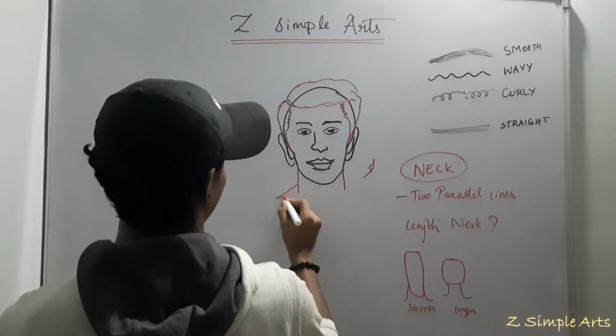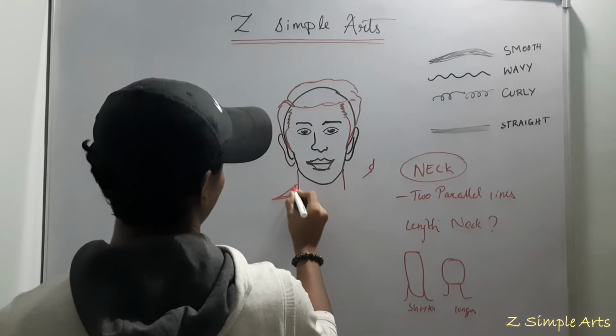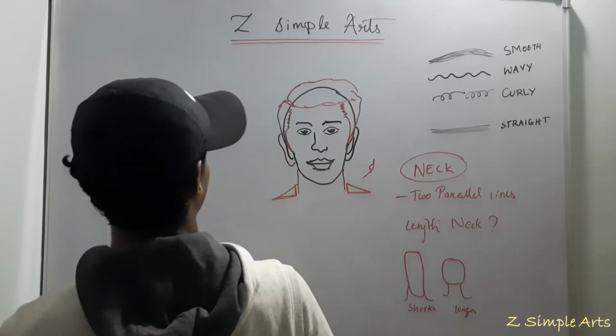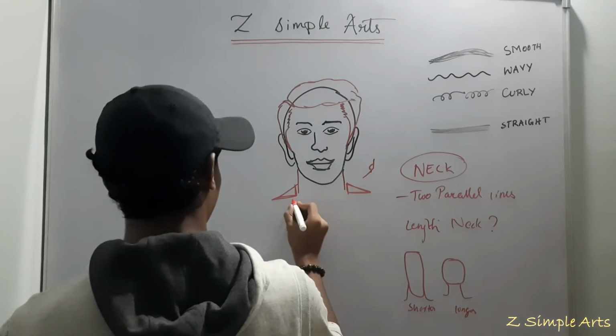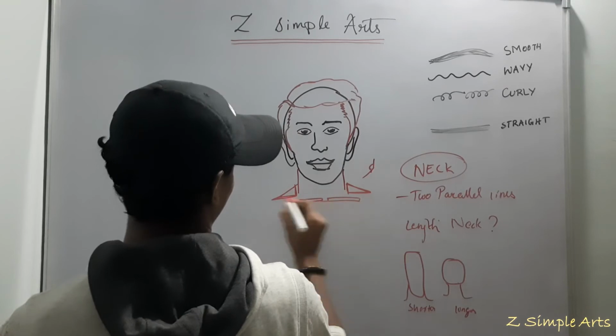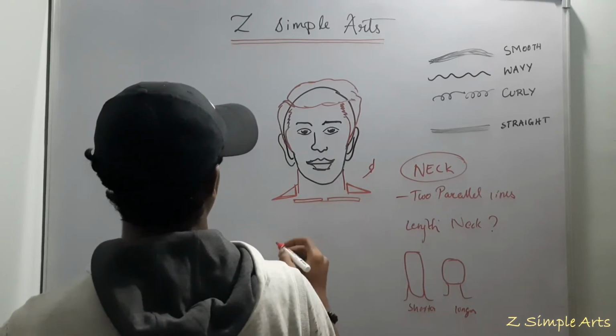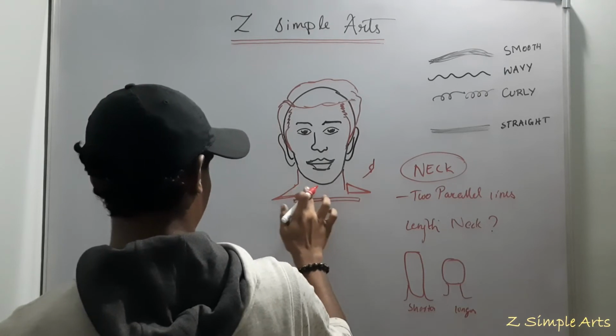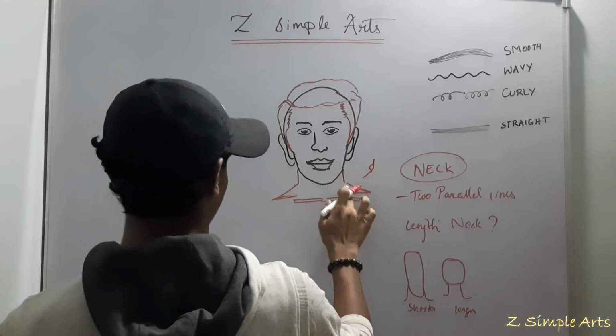Then draw a triangle. Draw two rectangles. And erase the imaginary lines.